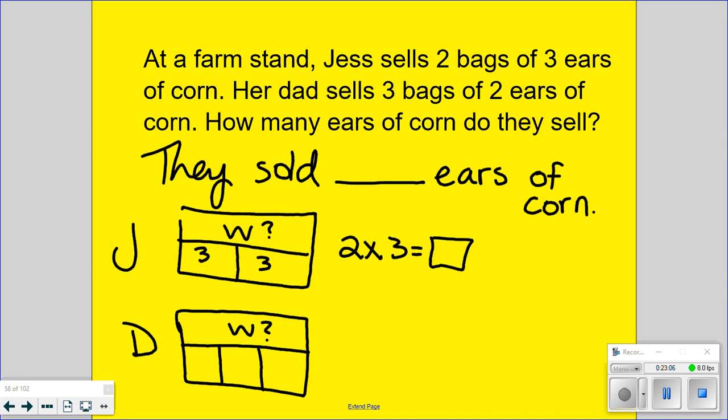There's also 2. 3 bags. Those are my groups. The bags are the important piece. Okay, now what? So we're going to put 2 in each section. 2 in this bag, 2 in this bag, 2 in this bag. Let's get an equation. What equation matches that? Zach? 3 times 2. 3 groups of 2.